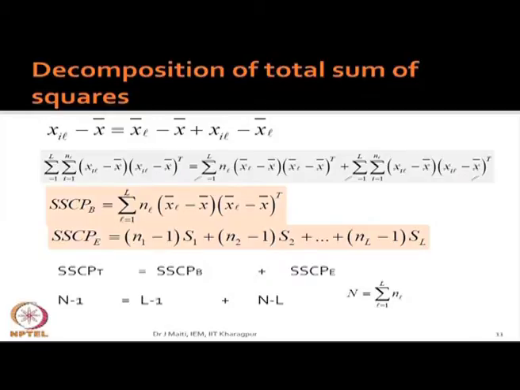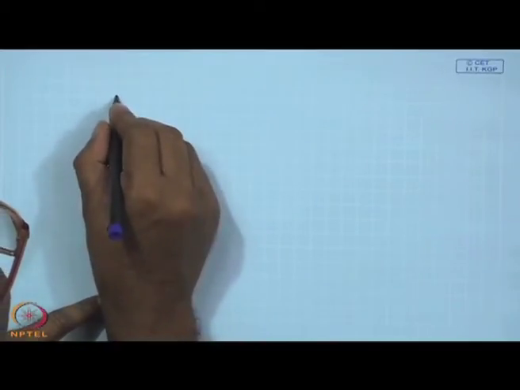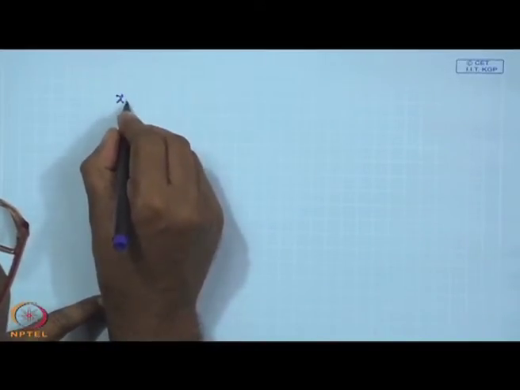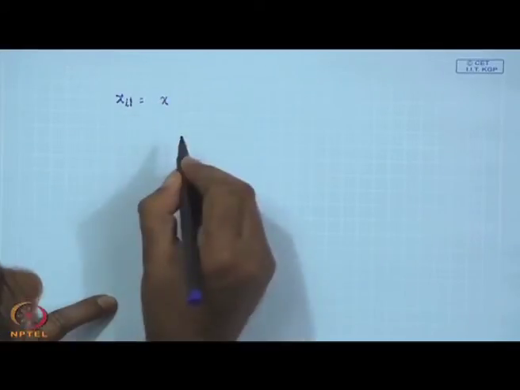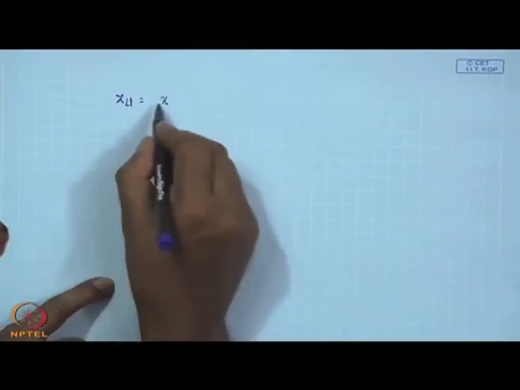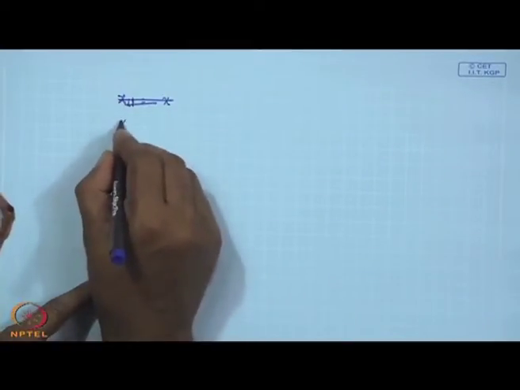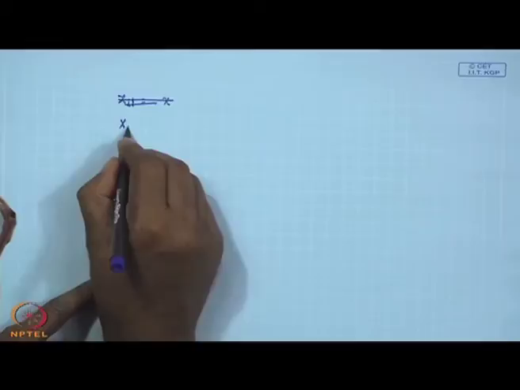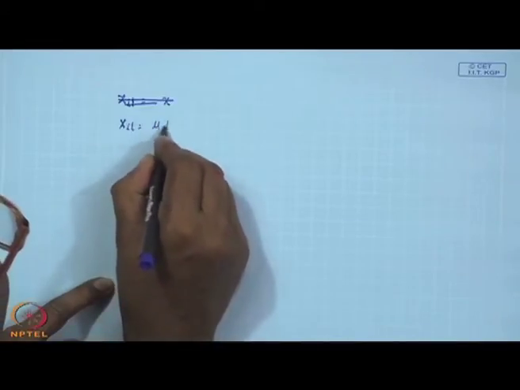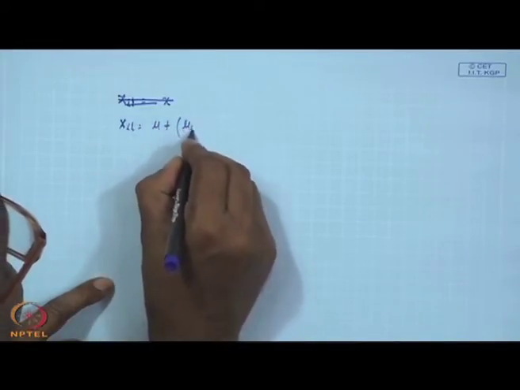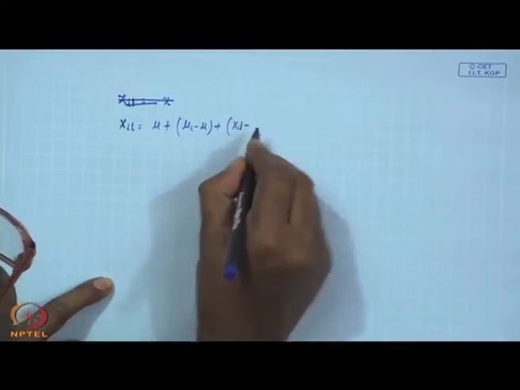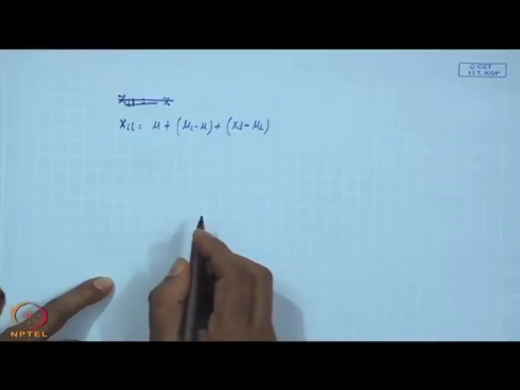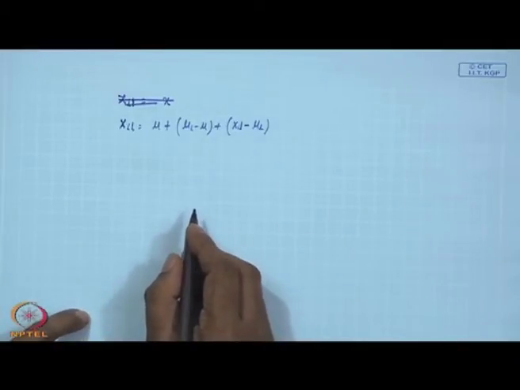What we have seen in ANOVA, any observation X_iL that you collected is partitioned into parts. Now, let me see again from the population point of view. I say X_iL equal to mu plus (mu_L minus mu) plus (X_iL minus mu_L), correct, visible.